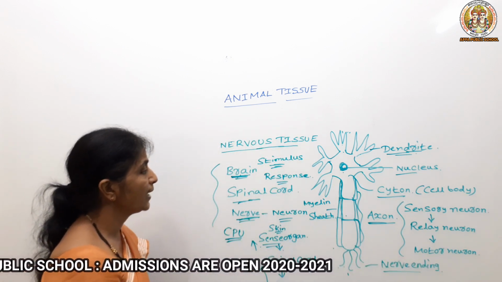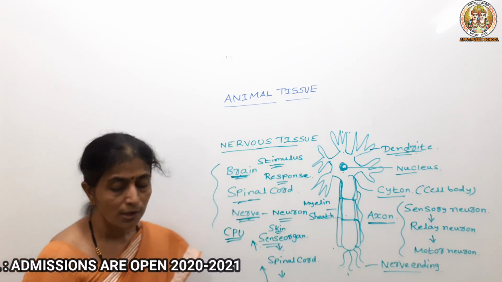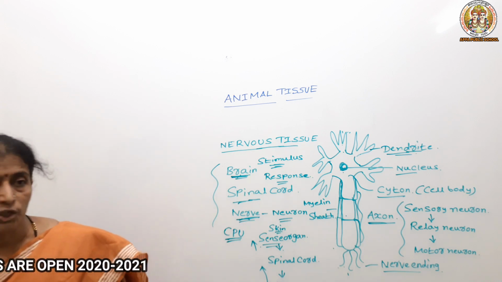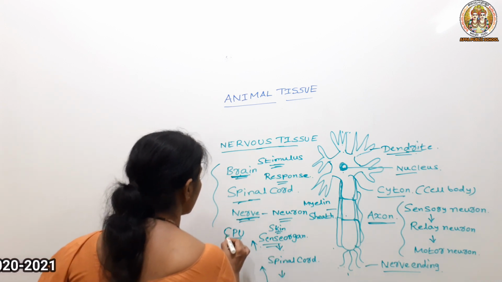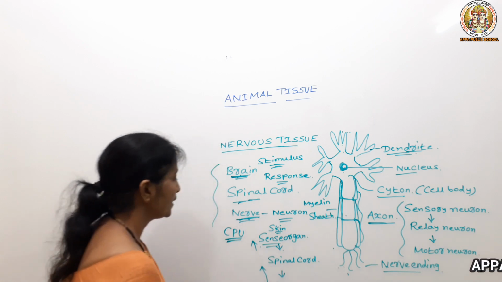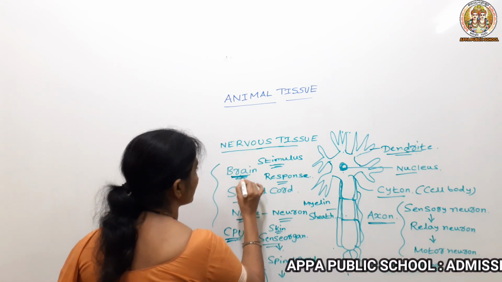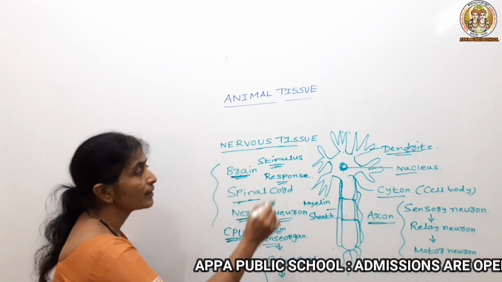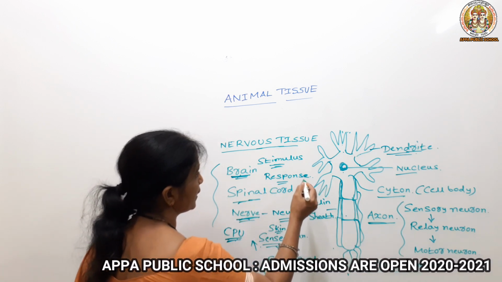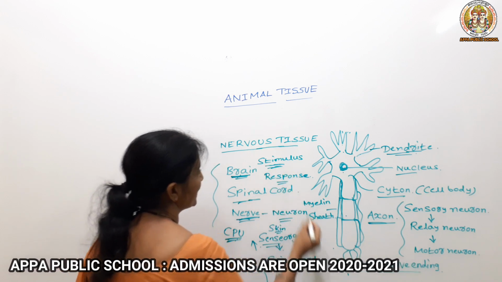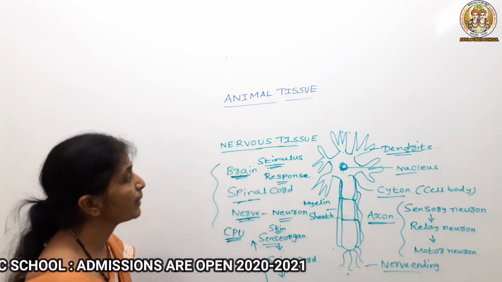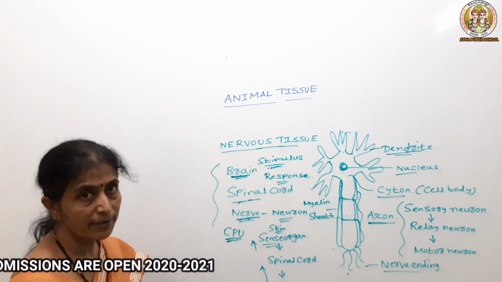So this is about the nervous tissue. We can compare this nervous tissue to the working of a computer. The CPU acts as the brain. Here also the sense organs take the message depending upon the type of stimulus. It may be heat, or water, or gravity.